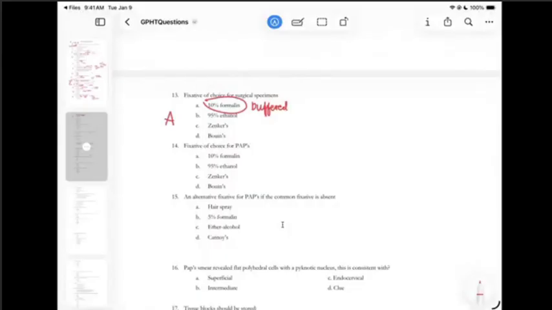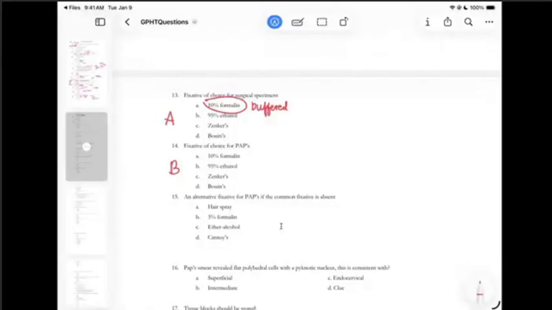Number 14, what is the fixative of choice for Pap smear, for exfoliative cytology? In routine specimens, that is letter B, 95% ethanol.